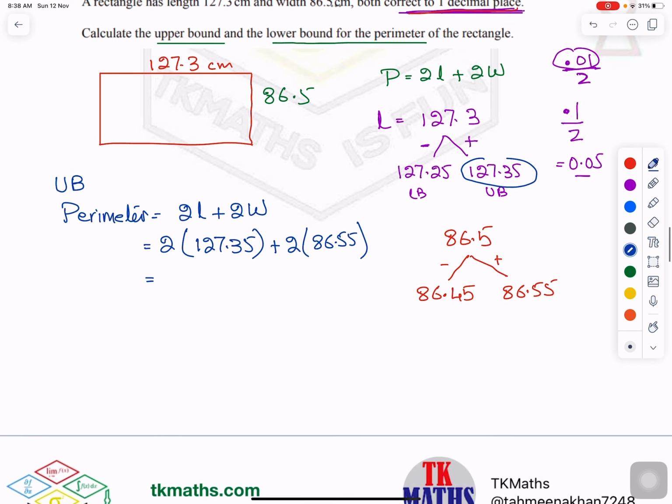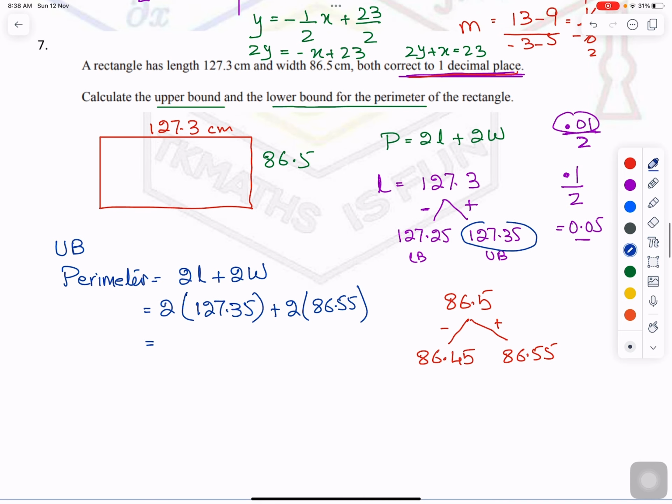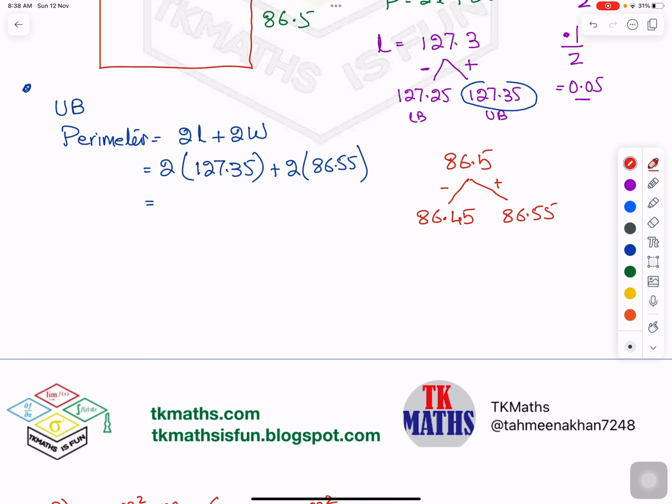And by the way, in the question he is not asking for the perimeter. This part I am doing extra just to explain to you how to use it, because he is only asking for the upper bound and lower bound for the perimeter of the rectangle. Now for the lower bound, if I want to find out the minimum value of the perimeter, same formula, but I will do 2 times 127.25, right?